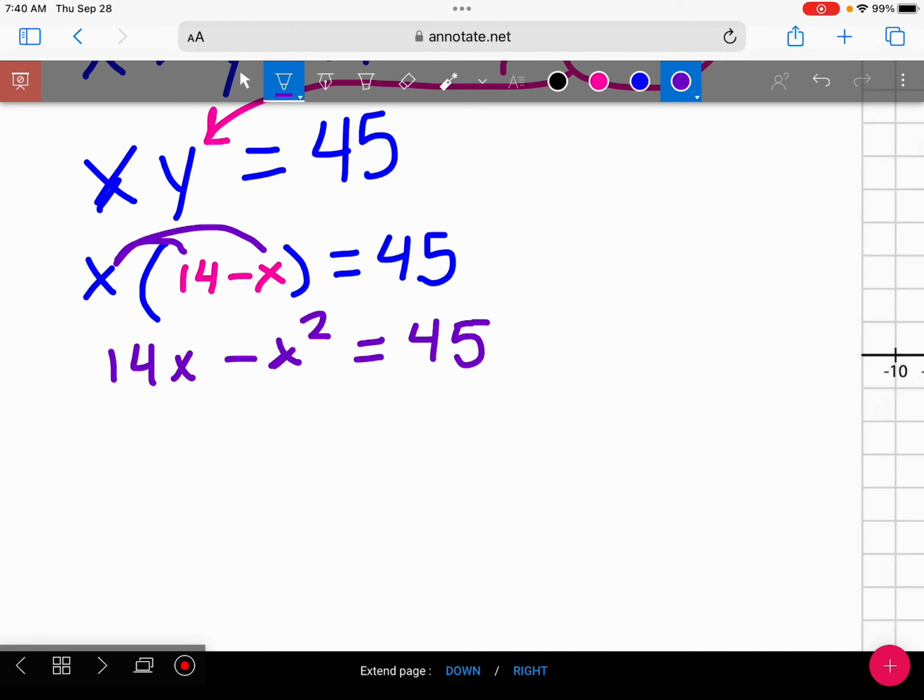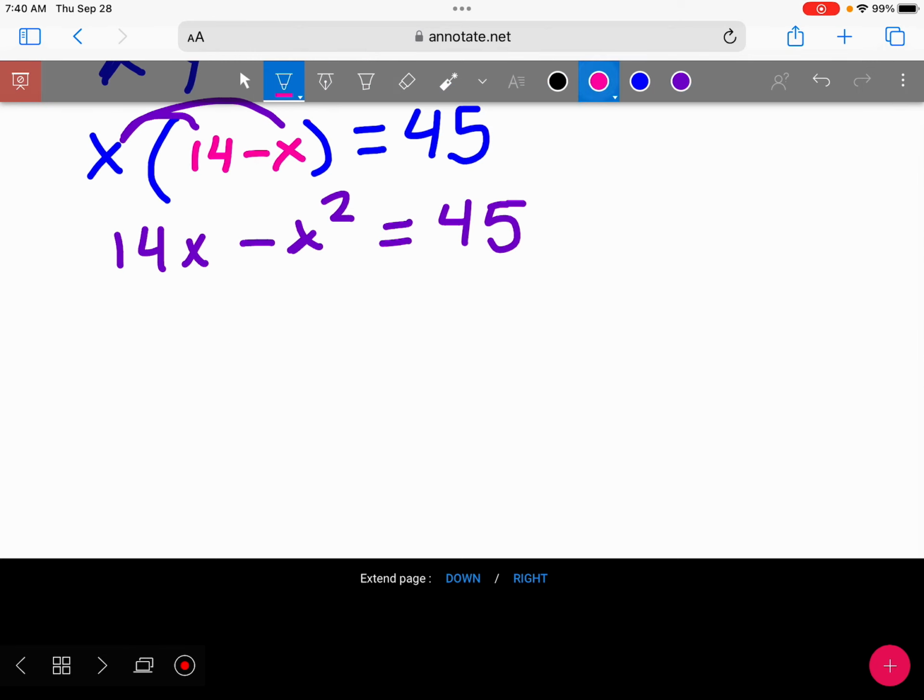Now we're into exactly what we saw before, where we have to solve this and get it to be equal to 0. So I'm going to add x squared to both sides, and I'm going to minus 14x from both sides. I'm doing that simply because I would rather have a positive x squared than a negative x squared. If you're ready to rock the negative x squareds, that's totally fine.